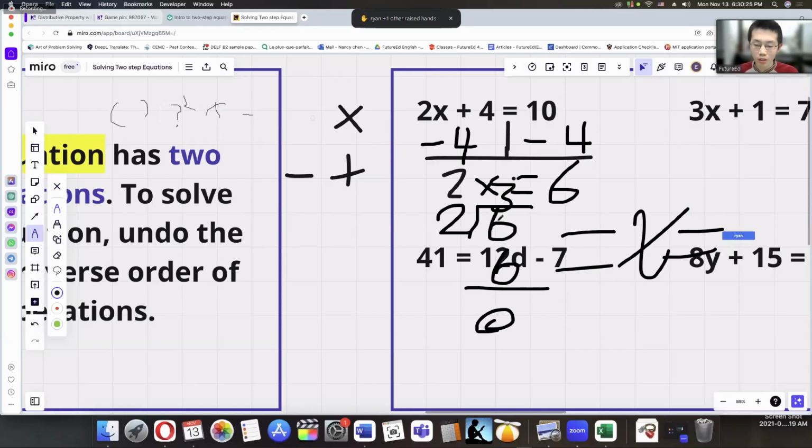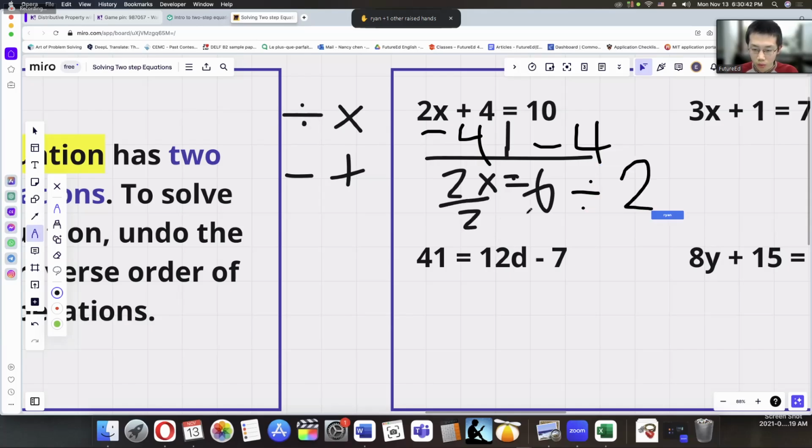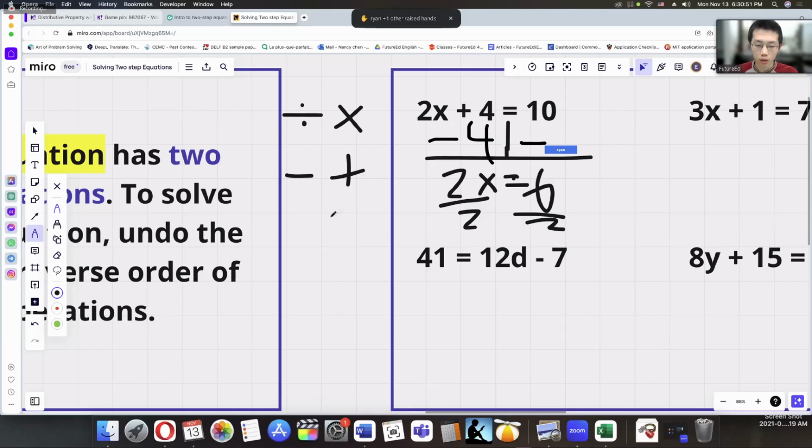You didn't need to write 6 divided by 2 equals 3 because we should all know our times tables by now. So 2x is equal to 6, and if you divide both sides by 2, Ryan, it's more standard to put the division bar under the 2x instead of doing the dot.